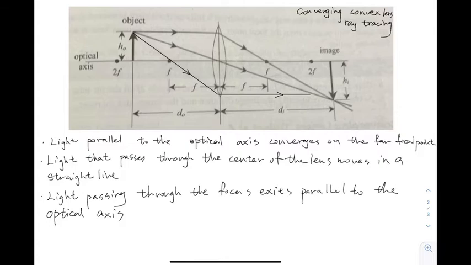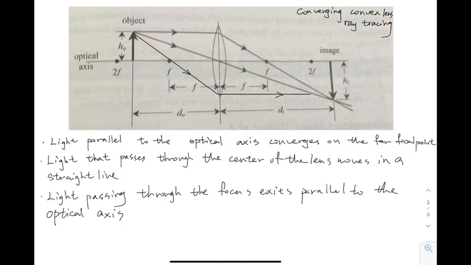In ray tracing, an object is represented by a vertical arrow extending upward from the optical axis, as shown in the figure. Two different light rays, both starting at the top of the object, the tip of the vertical arrow, as you can see, are drawn moving through the lens. Where they intersect is the location where the image will be focused.